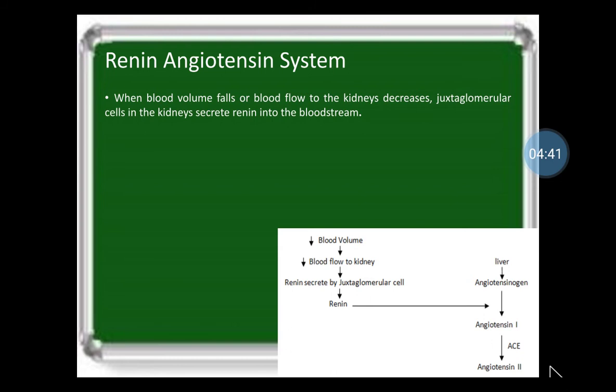The main component of the RAS, the renin-angiotensin system, is angiotensin II, which raises the blood pressure.